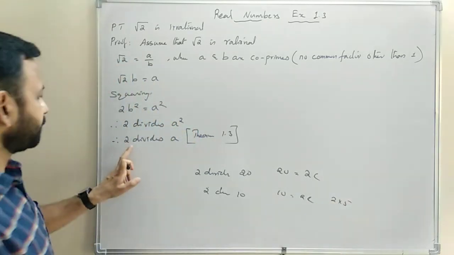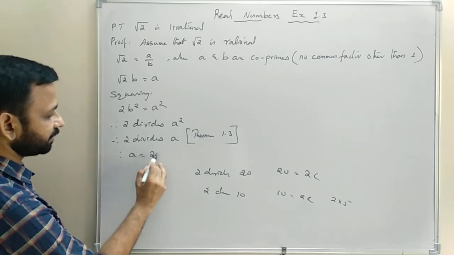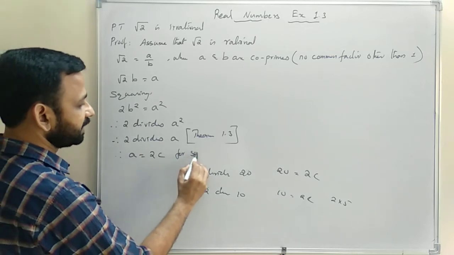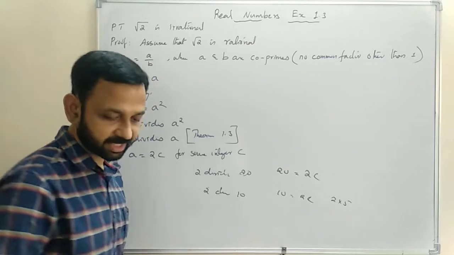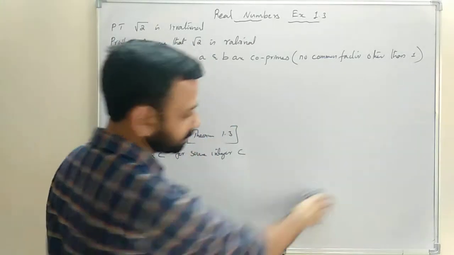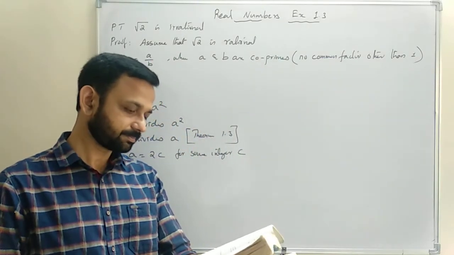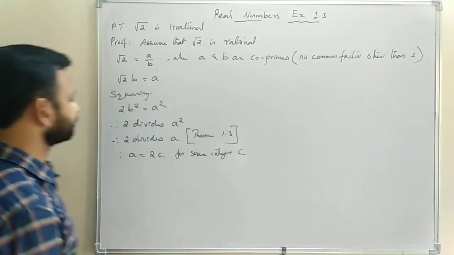So similarly, 2 divides a, therefore a is equal to 2 into a number, 2c, for some integer c. So a is equal to 2c for some integer c.